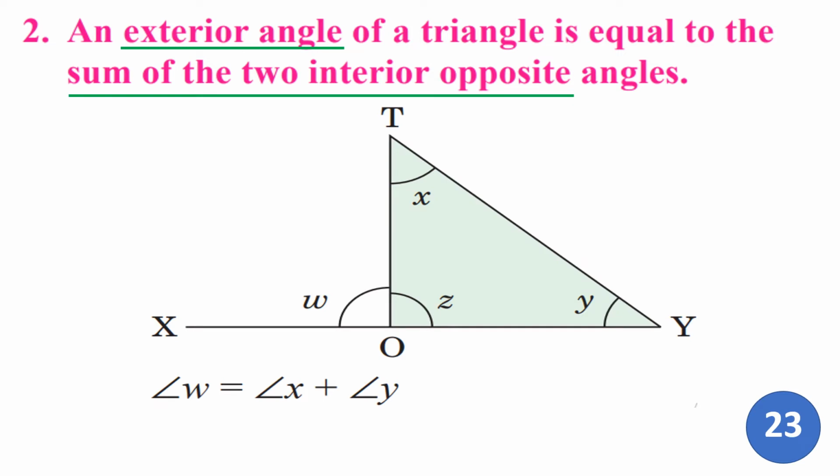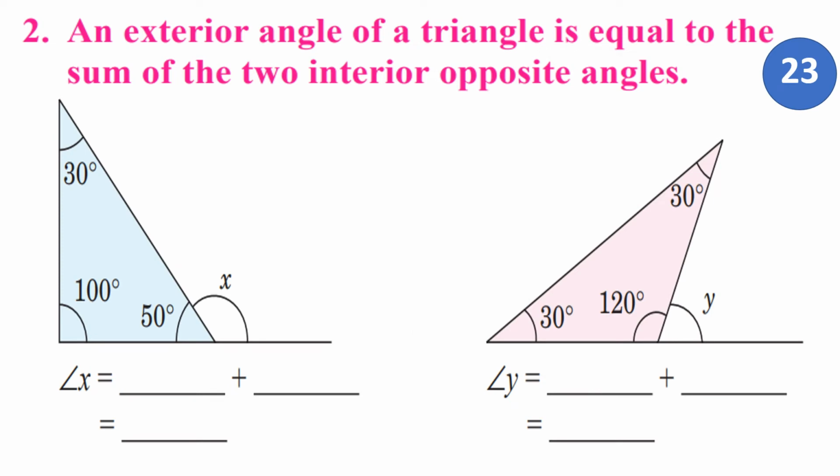If this is a triangle, then you have the extension here. Then we're going to find angle W. To find angle W, you add angle X and angle Y. That's why angle W is equal to angle X plus angle Y.